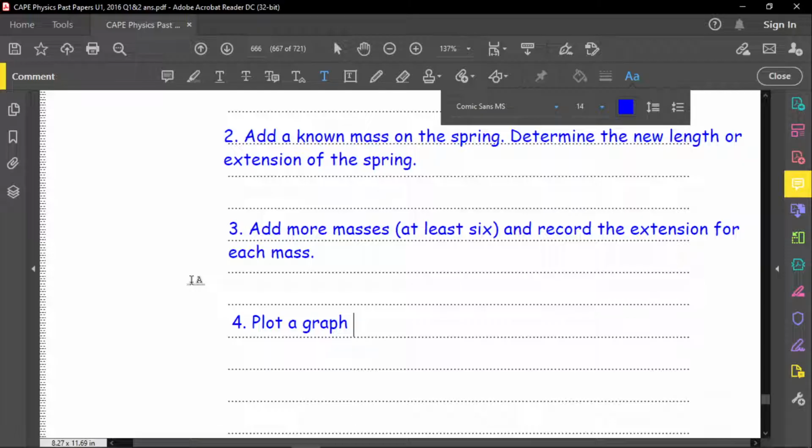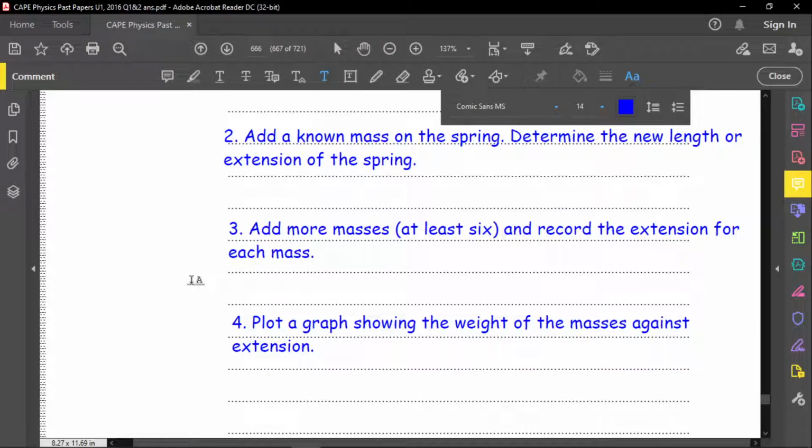You plot a graph showing the weight of the masses against extension. That's going to be very important for you to have that graph.